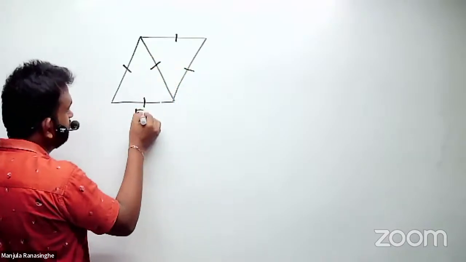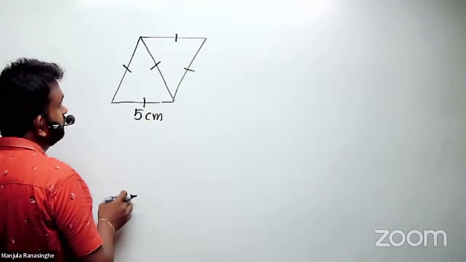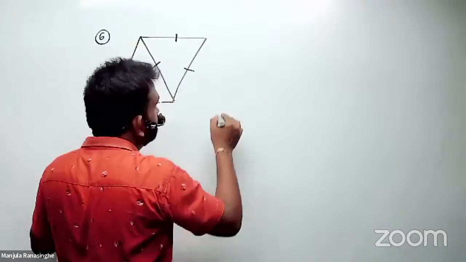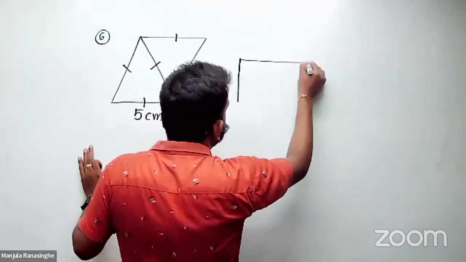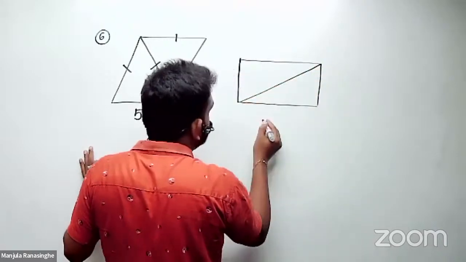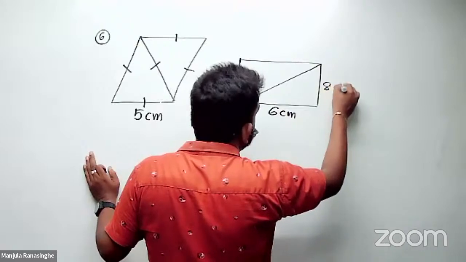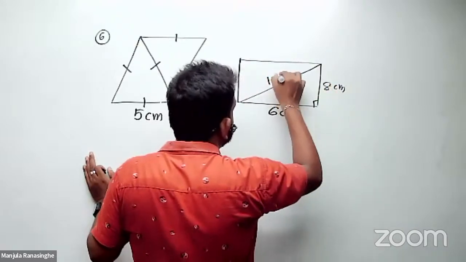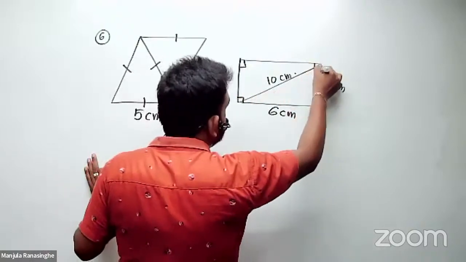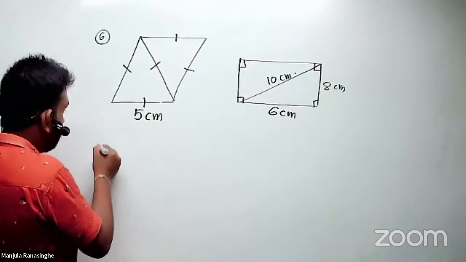Right. Here one side is given as 5 centimeter, right? And here 10 centimeter. So they ask for the perimeter. Right. Okay. So the careful thing is perimeter.